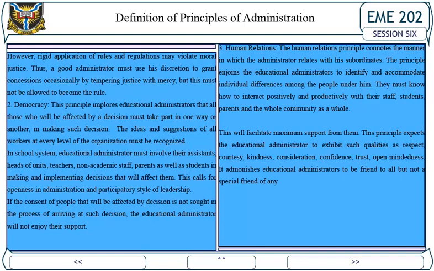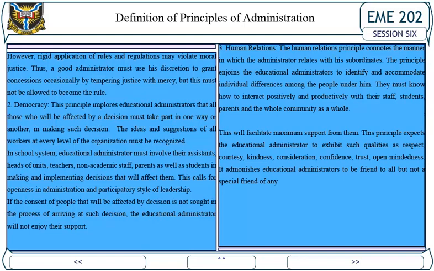In the school system, educational administrators must involve their assistants, heads of units, teachers, non-academic staff, parents, as well as students in making and implementing decisions that will affect them.